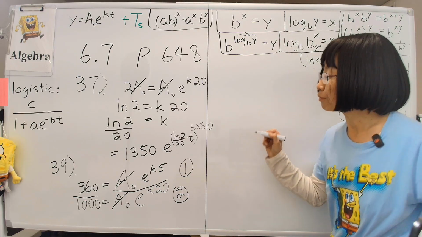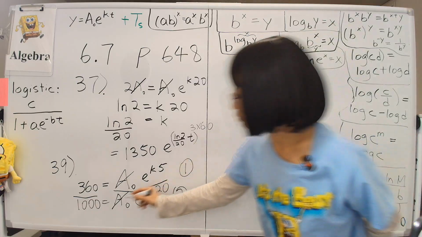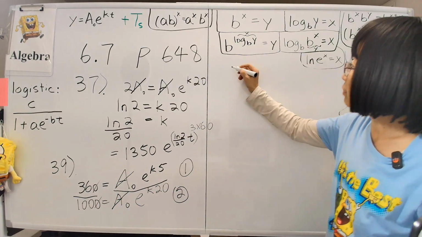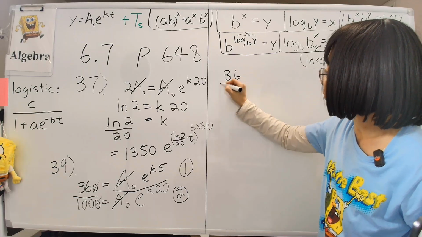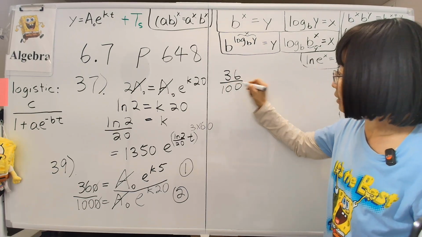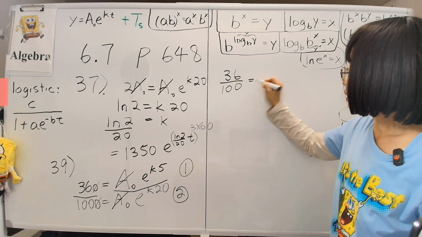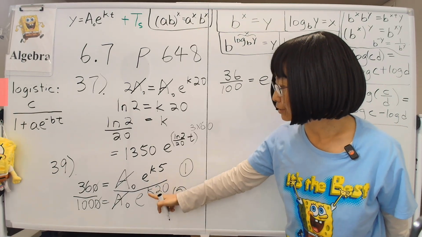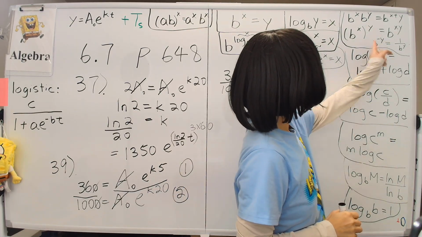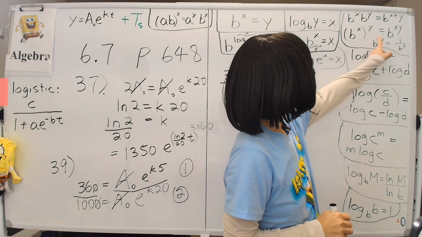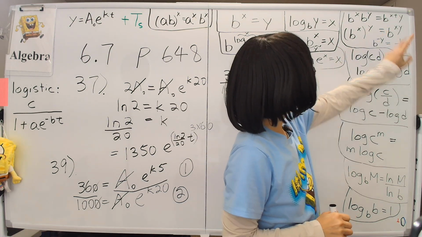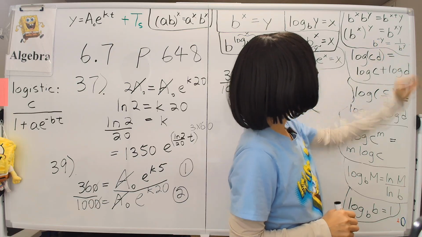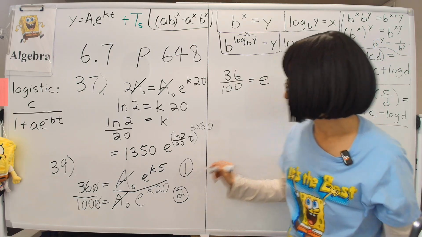So to do that, we'll cancel out one of the zeros, so it's a little simpler. We have 360 over 1000 equal to e to the power... Now we have e doing division, and remember division is the same as subtraction, basically, when we do exponents.